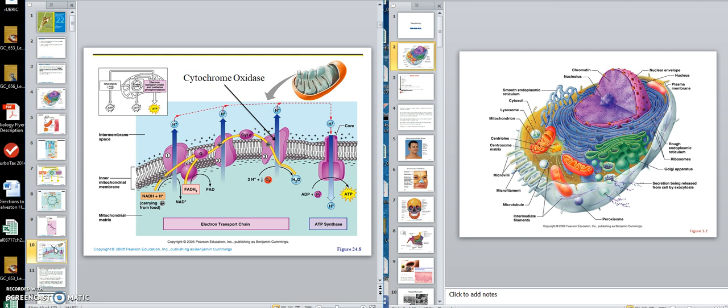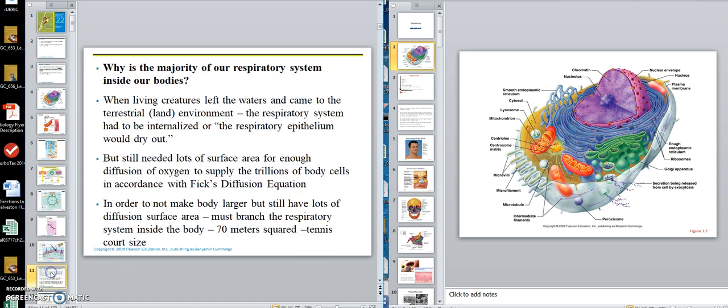Now remember that when something moves, energy is released. Let's think about it. Energy is the capability to do work. Work is a force times a distance. So therefore, when you move something, you do work. You liberate energy. Okay? So that's the purpose of why we breathe oxygen, to act as the terminal acceptor of electrons in the electron transport chain.